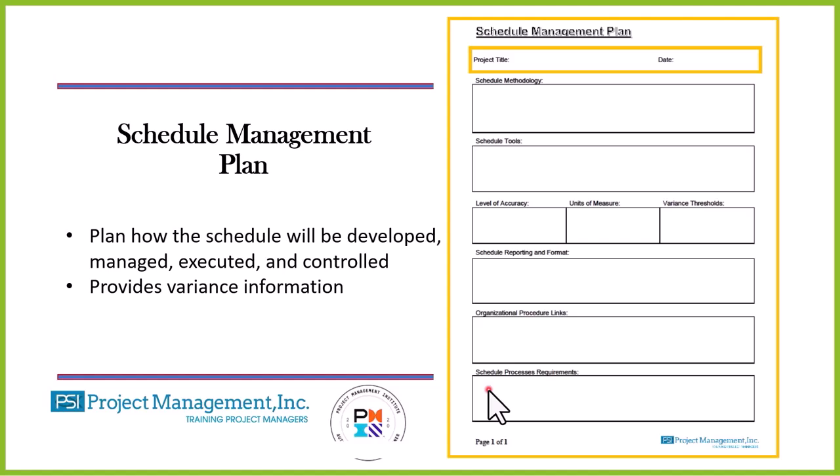That plan tells you how to define activities, how to sequence activities, create the PND, how to estimate activity durations, how to develop a schedule, which gives us our schedule baseline, and then how to control the schedule itself. Very important information is contained in this schedule management plan.